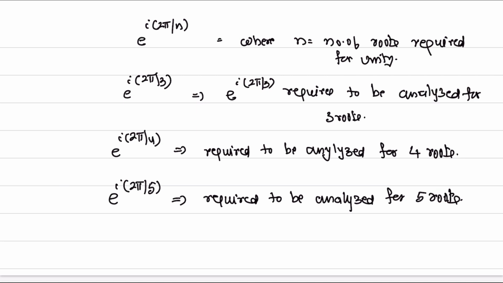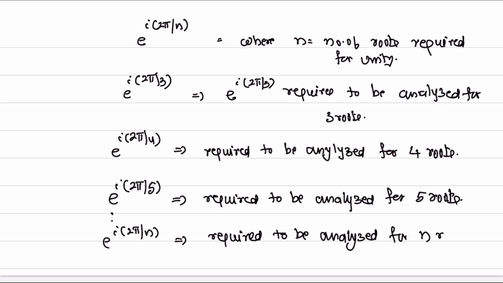Like this, e to the power of i into 2 pi by n is required to be analyzed for n roots. Of what number? It is unity.